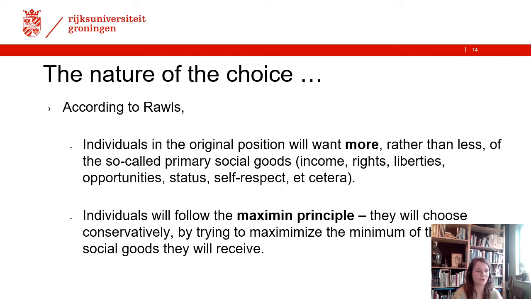So out of all the distributions that you could choose, you will choose the distribution that maximizes the minimum of goods. I'll give you an example in a bit to illustrate this further.